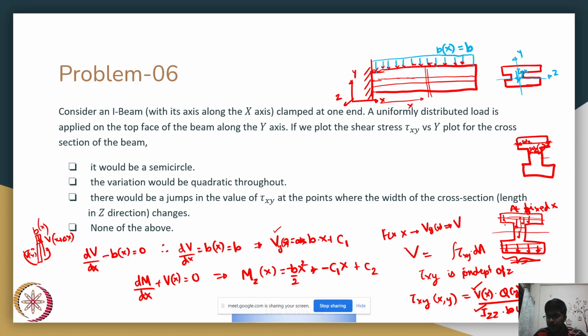Your Q of y would be nothing but whatever point you choose. So I'll take 2 points on the I-beam. Suppose I choose this as y1 and another one as y2. So your Q of y would be nothing but y centroid into area, and similarly for y2 it would be another y centroid dash into area dash.